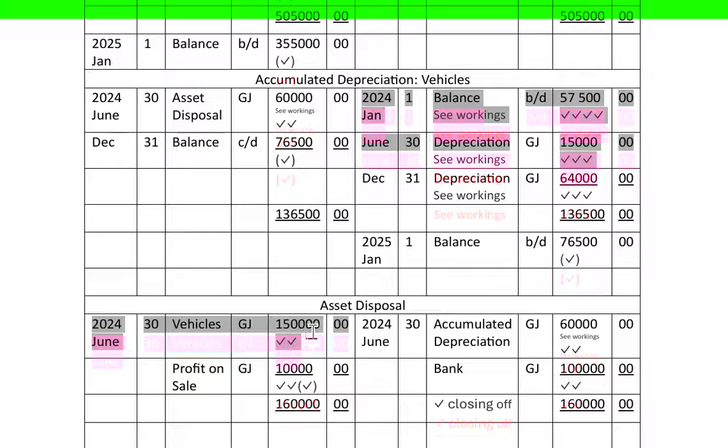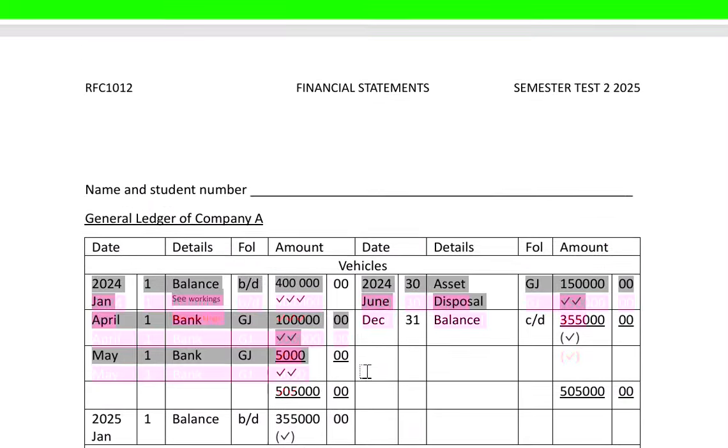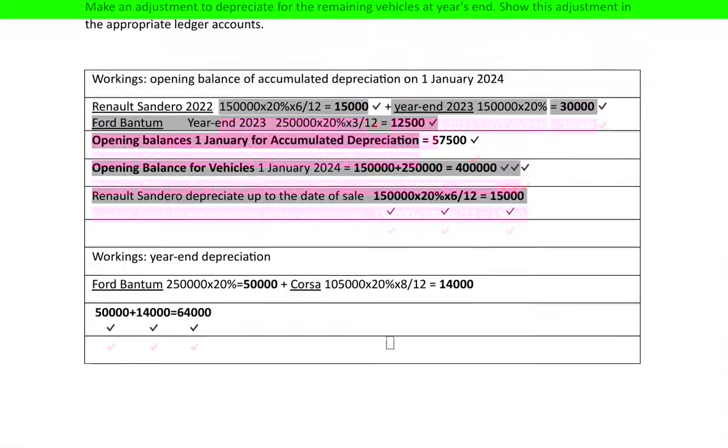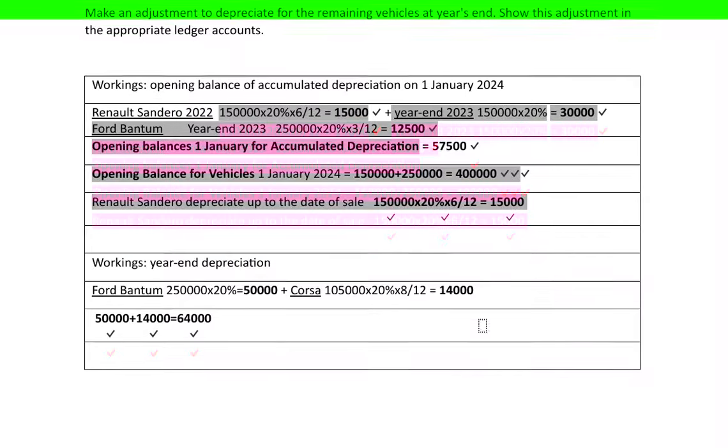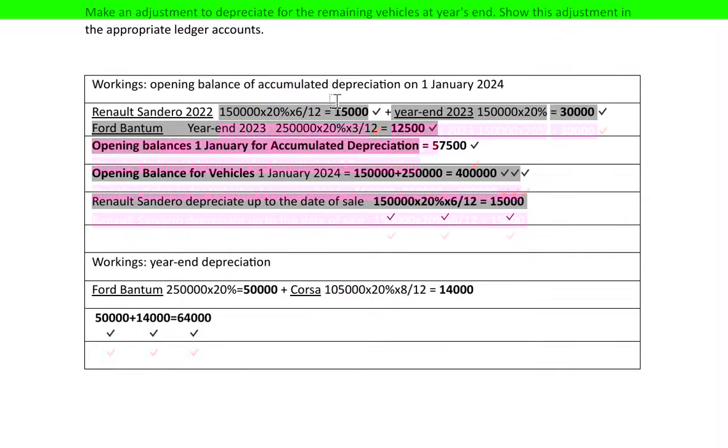Now what we need to do is we need to transfer the accumulated depreciation up until the date of sale of the Renault Sandero. So we go back to our workings and we see the Renault Sandero. In year 1, 15,000. Year 2, 30,000.